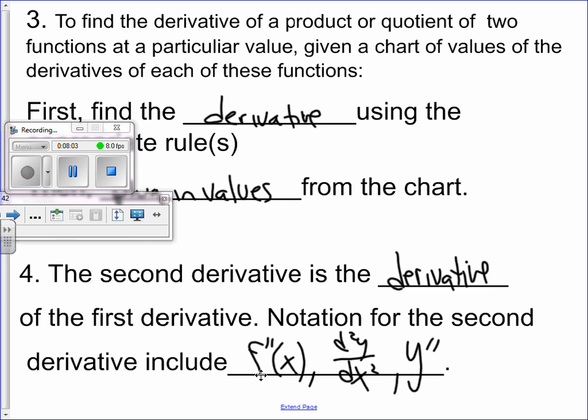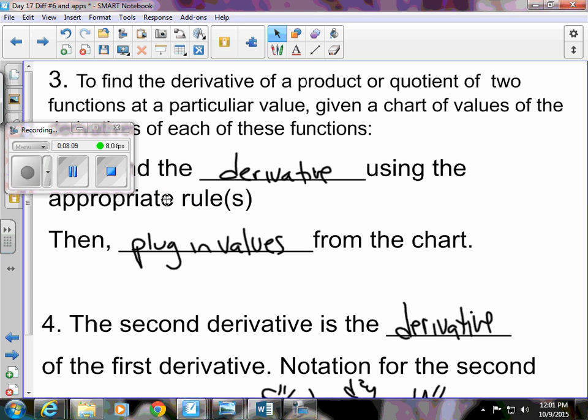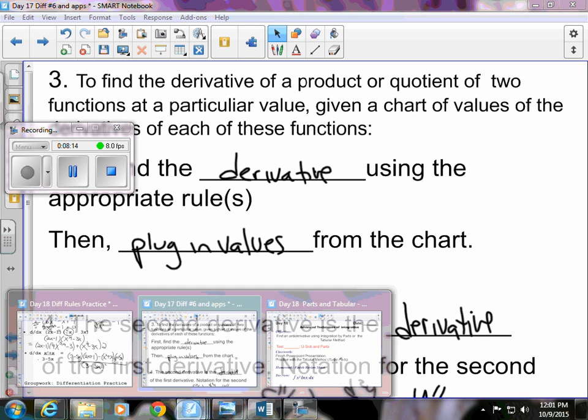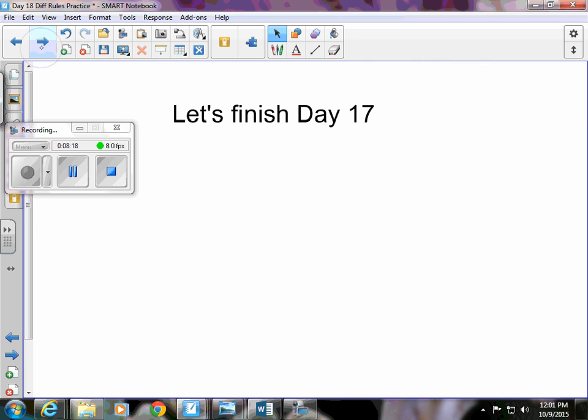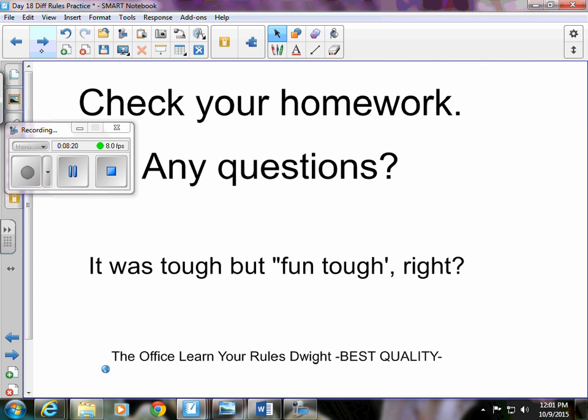All right, so back to today, back to our J18. I can check any of the homework problems that you want to go over. So finish 18. It was tough, but it was fun tough, the homework. 40.